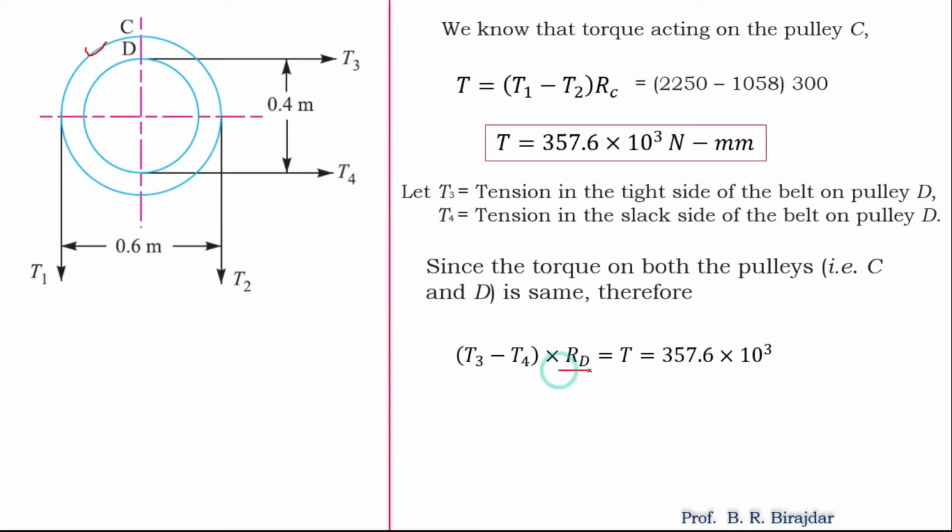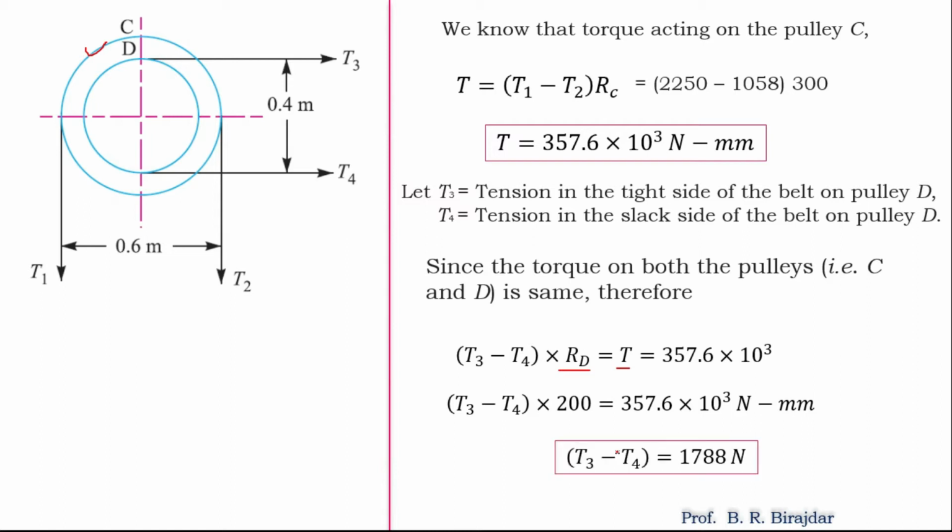The radius of pulley D we know, and the torque we just calculated, the torque acting on C and D are the same, therefore we will take the same value and put the radius. So we will get T3 minus T4 equal to 1788, right? That is the difference in the tension in the tight side and the slack side, 1788 we will get.